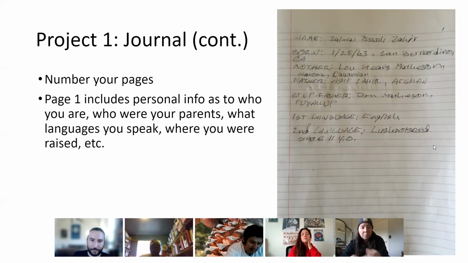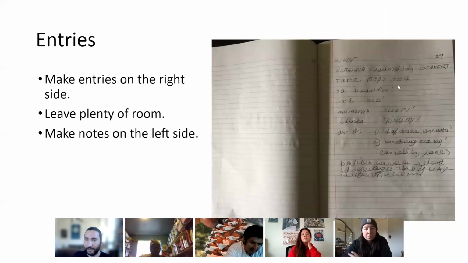Then for entries, you see the page number, the date for when you're making that entry, who you talked to, and the topic, and then you list some of the words that you learned and the translation, and maybe a little bit of the context.